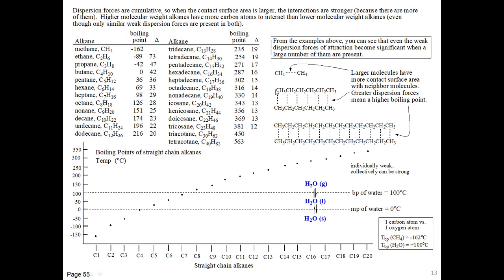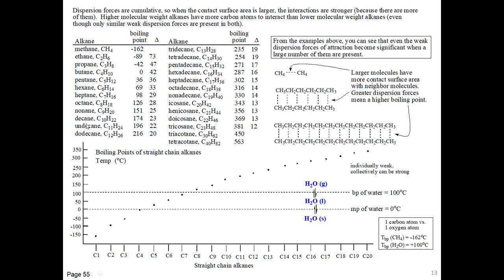So our explanation for this is if we take something like hexane, 1, 2, 3, 4, 5, 6, we got 6 carbons in a row, and the boiling point is 69. So this would be a liquid in our world. And the reason for that is we have dispersion forces between all of the different carbon atoms. So it's like we have 6 times the number of dispersion forces here as we had with the methane.